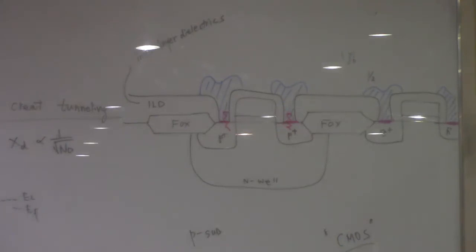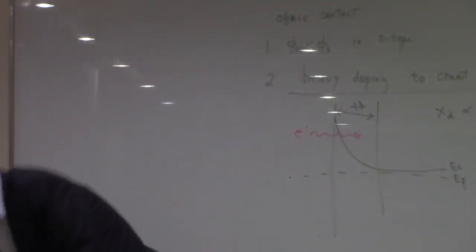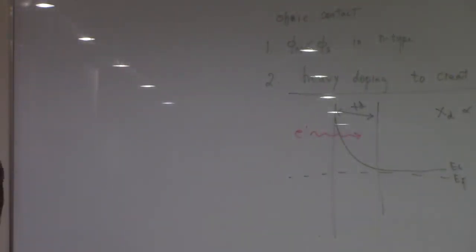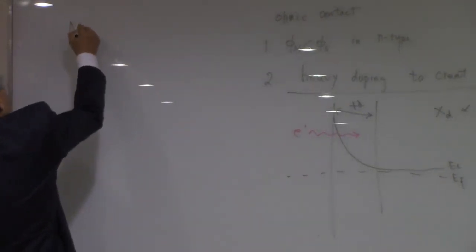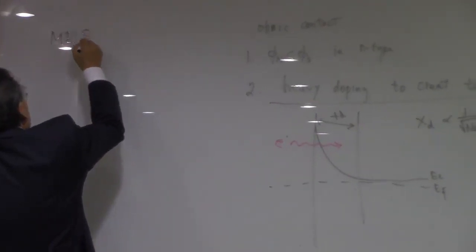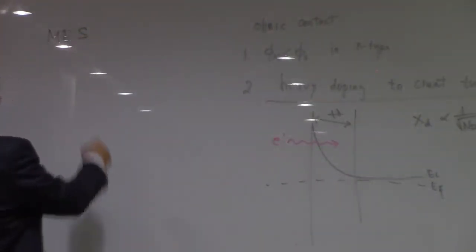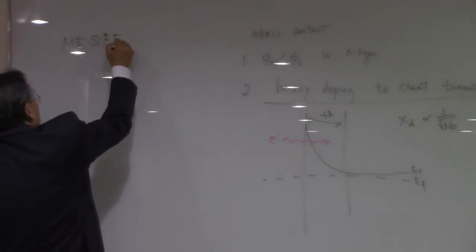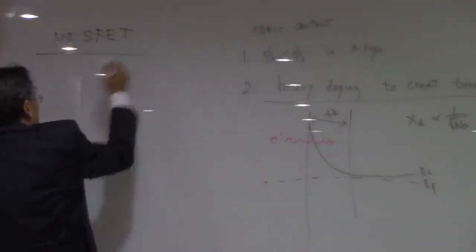Now, finally, let me just show you the device which is taking advantage of this depletion region, and that is the metal-semiconductor field effect transistor, and that is going to be called the MESFET. Metal-semiconductor field effect transistor, MESFET.